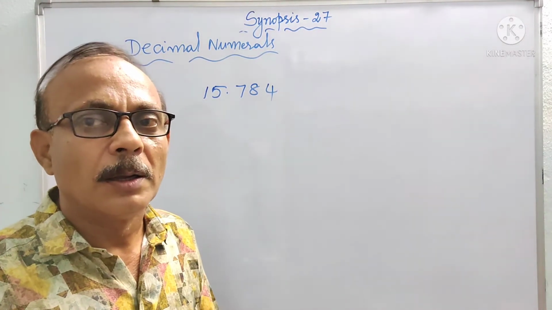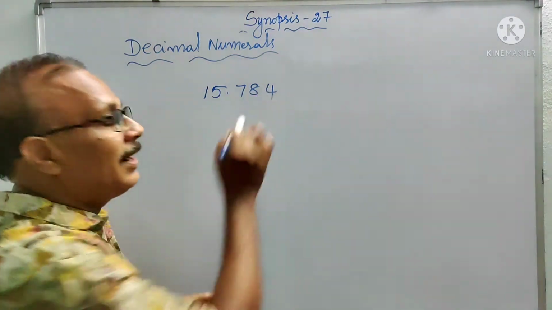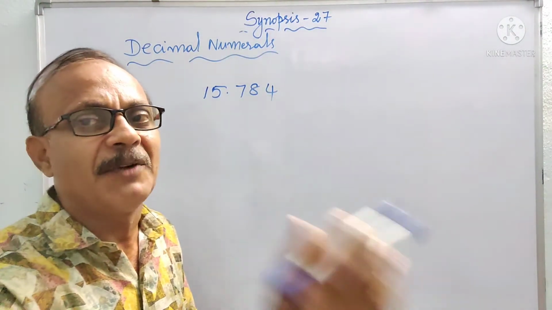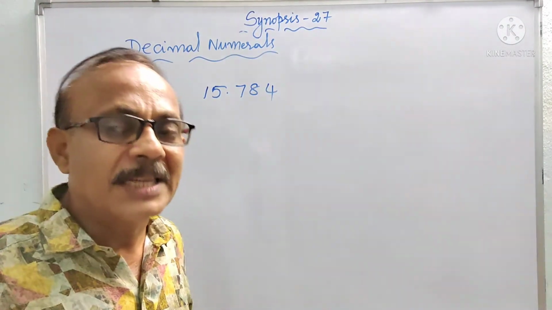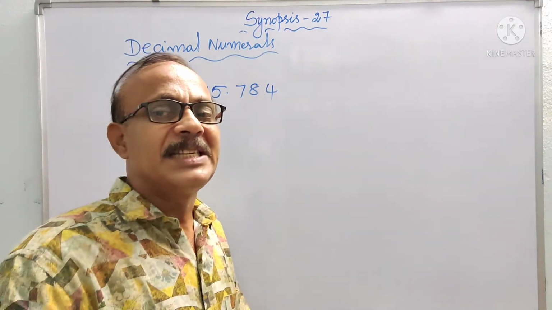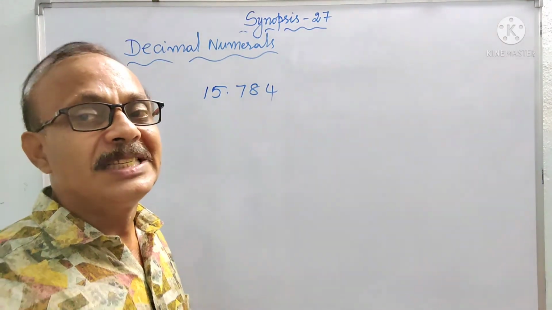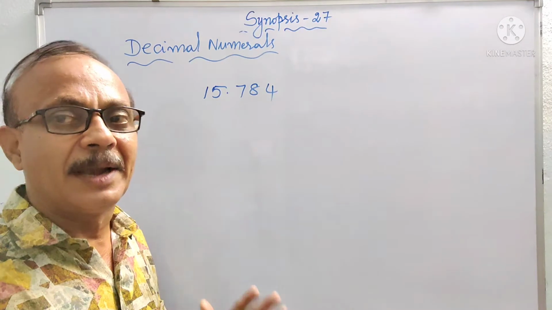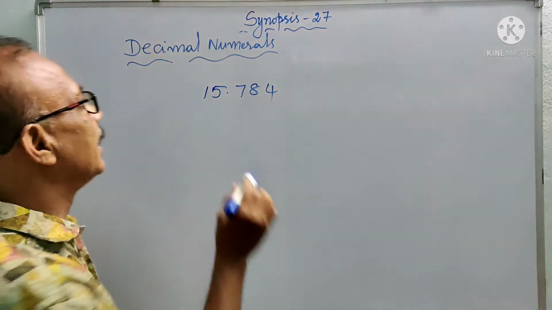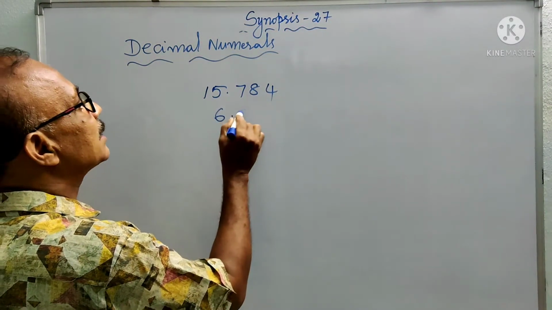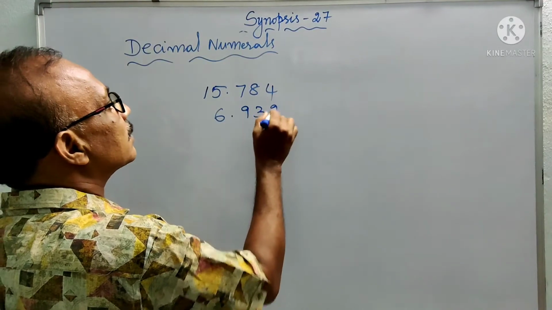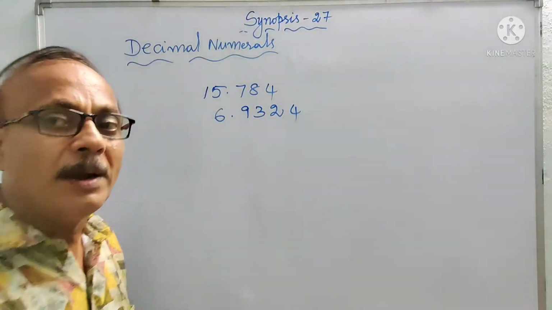That is wrong. This is not 784, it is 0.784. So after the decimal point, whatever digits you have, those digits are to be read separately. That is how we read decimals. Suppose you have 6 point this. And how do we read this?